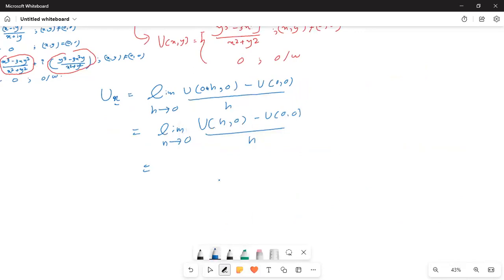Now according to our function u, just plug in h instead of x, and 0 instead of y.